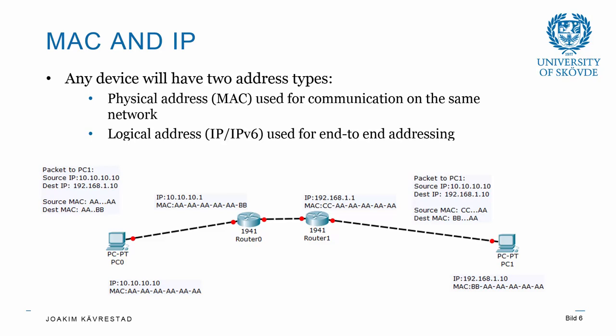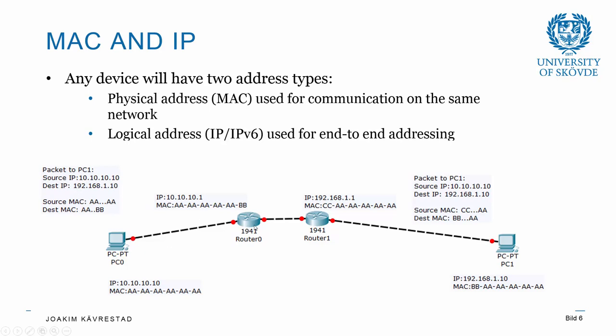Taking this nice example again of PC0 that wants to communicate with PC1, PC0 will send the package, address it with the IP address of PC1, which is 192.168.1.10, but the destination MAC address will be the next hop address, the address of the closest router, because by examining the IP address here, it can realize that this package is going to another network.